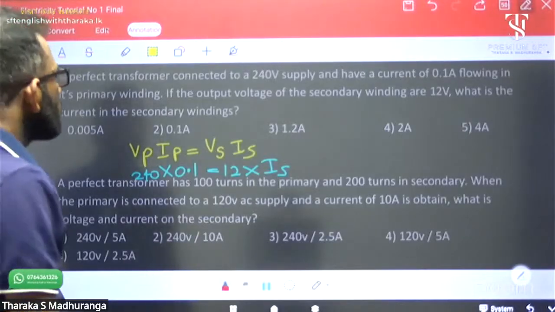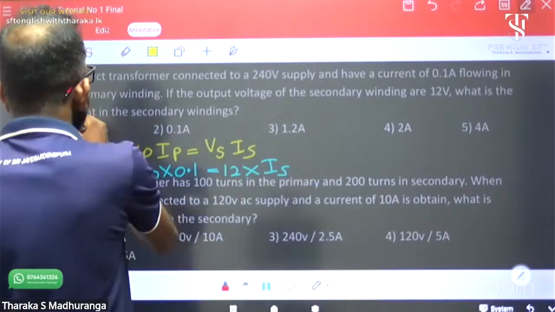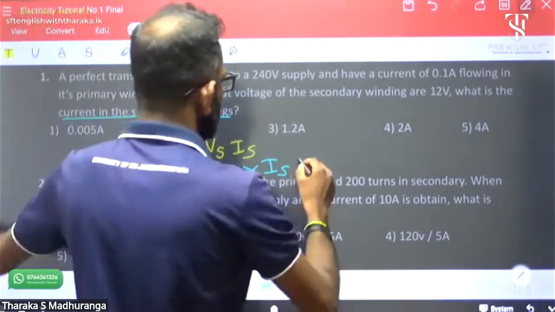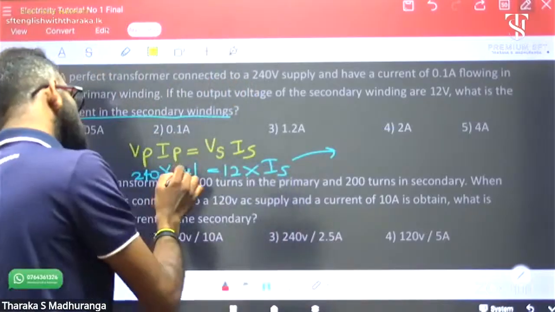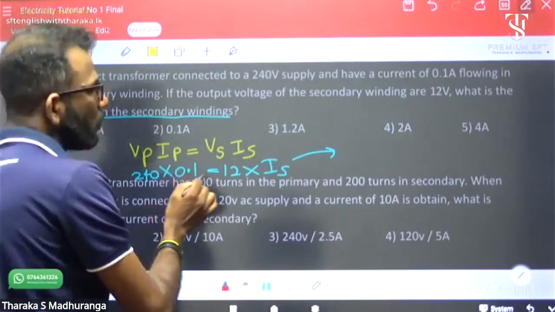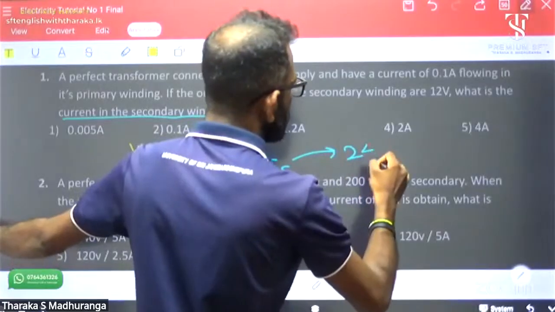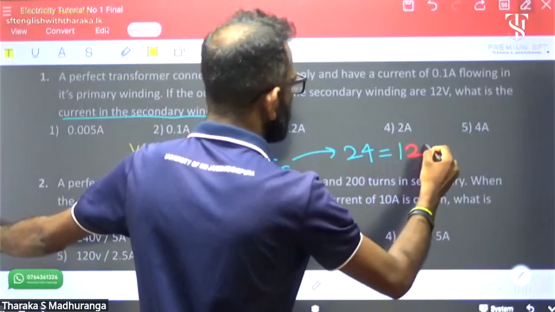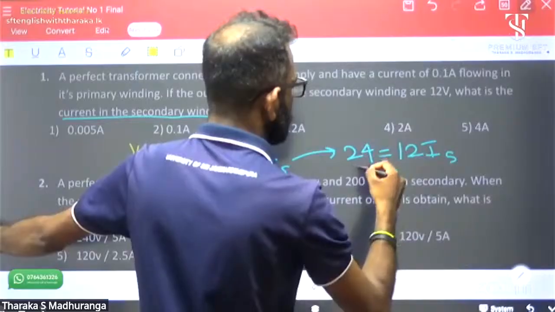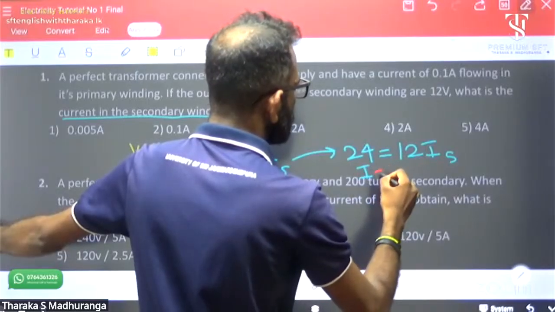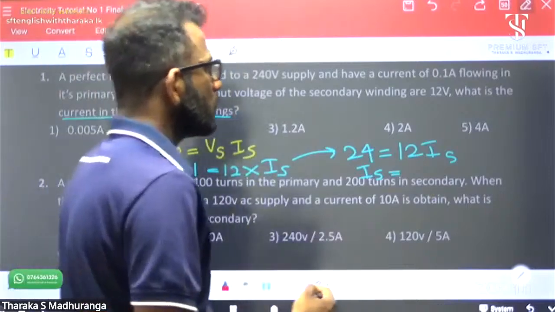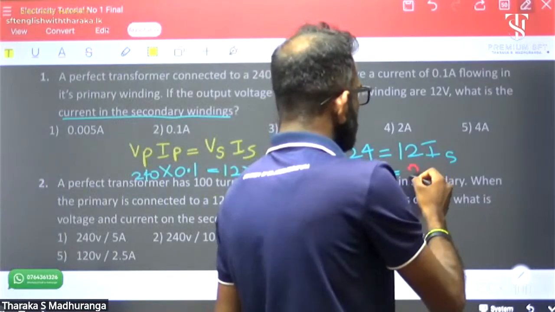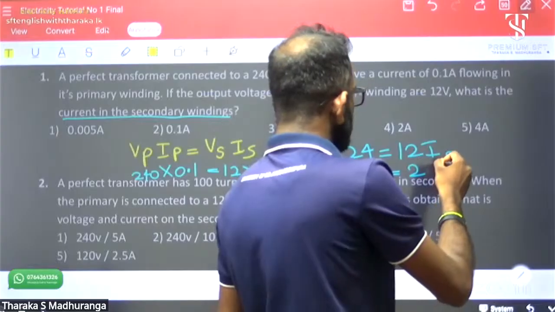Is means the secondary current, the current of the secondary winding, is being asked. How to calculate? 240 times 0.1 is 24. 24 equals 12 Is. Then Is equals 2 ampere.